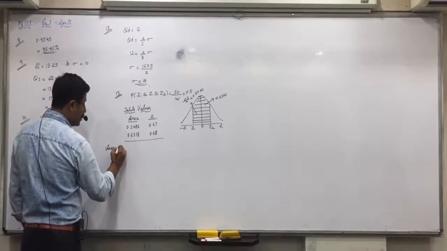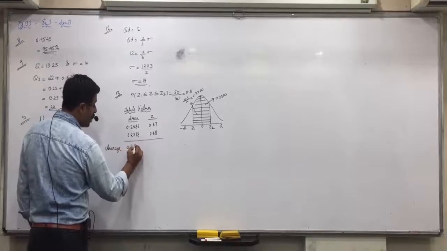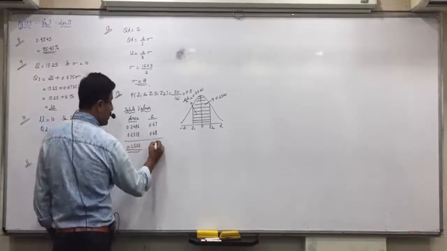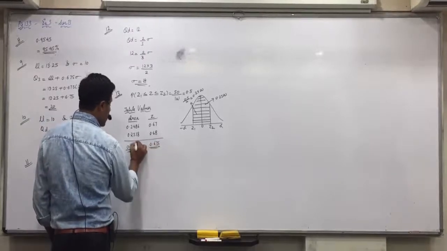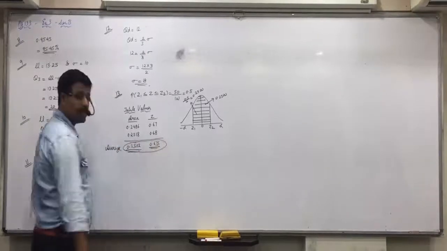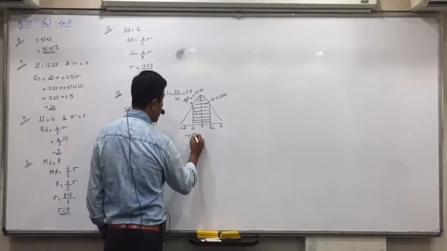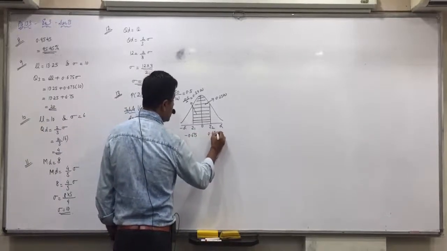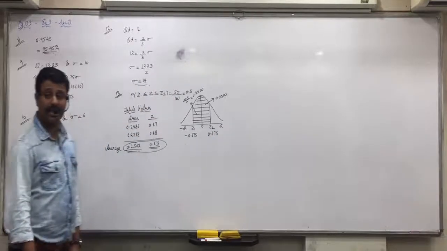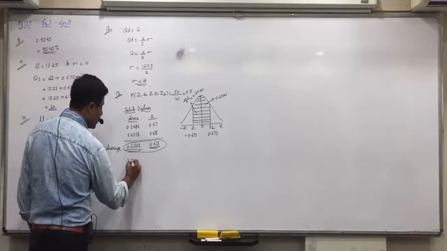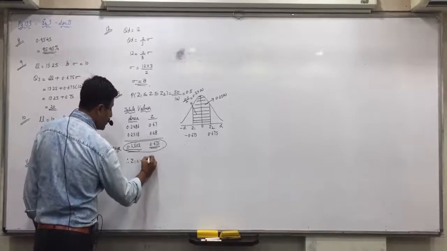Average 2502. For quartiles we have done it many times. And 0.675. Nearest is 2502. But Z1 will be minus 0.675. Z2 will be plus 0.675. So, limits are obtained.